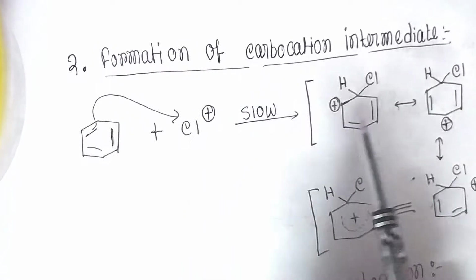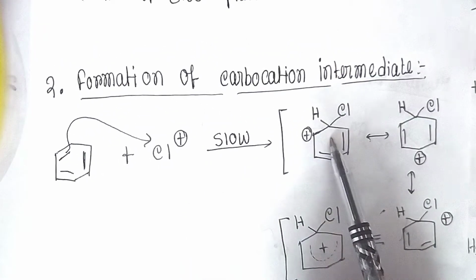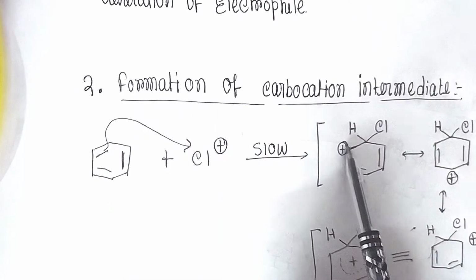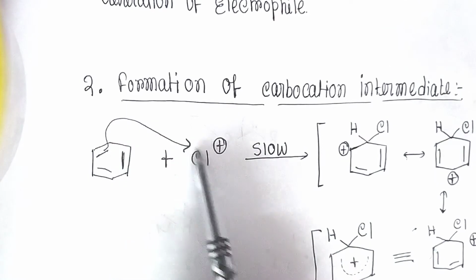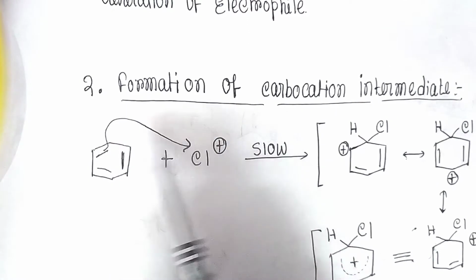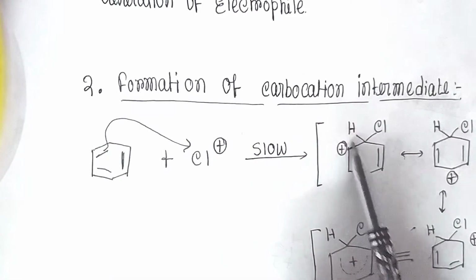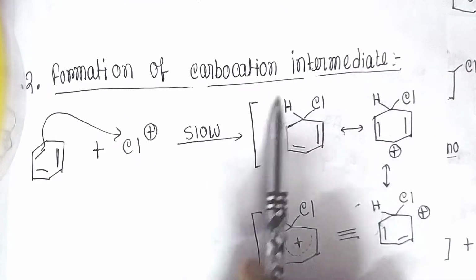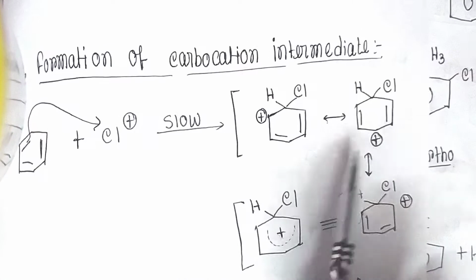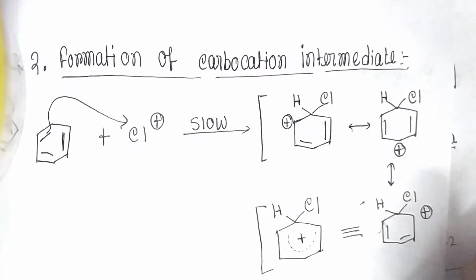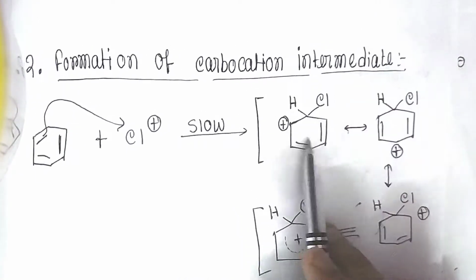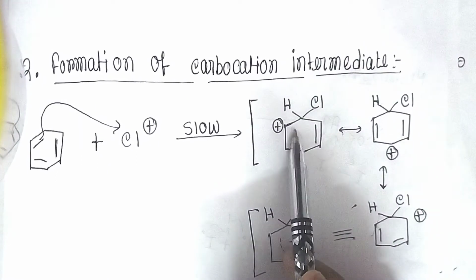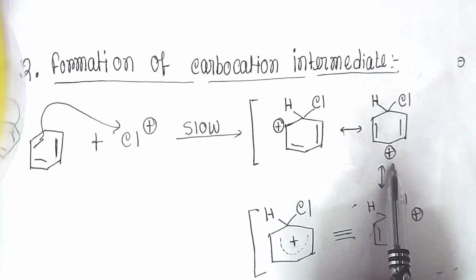After that, we get this type of structure. As there is a lack of electrons because this bond is involved in reacting with Cl, you can find a plus charge. After that, this can undergo three types of resonance structures. If this bond comes here, we get this resonating structure.